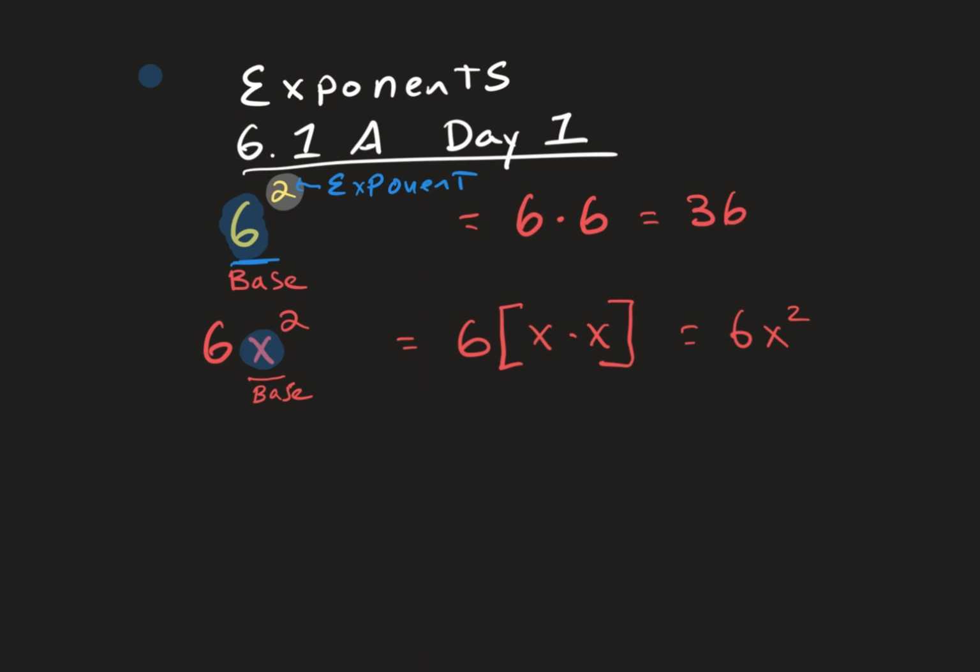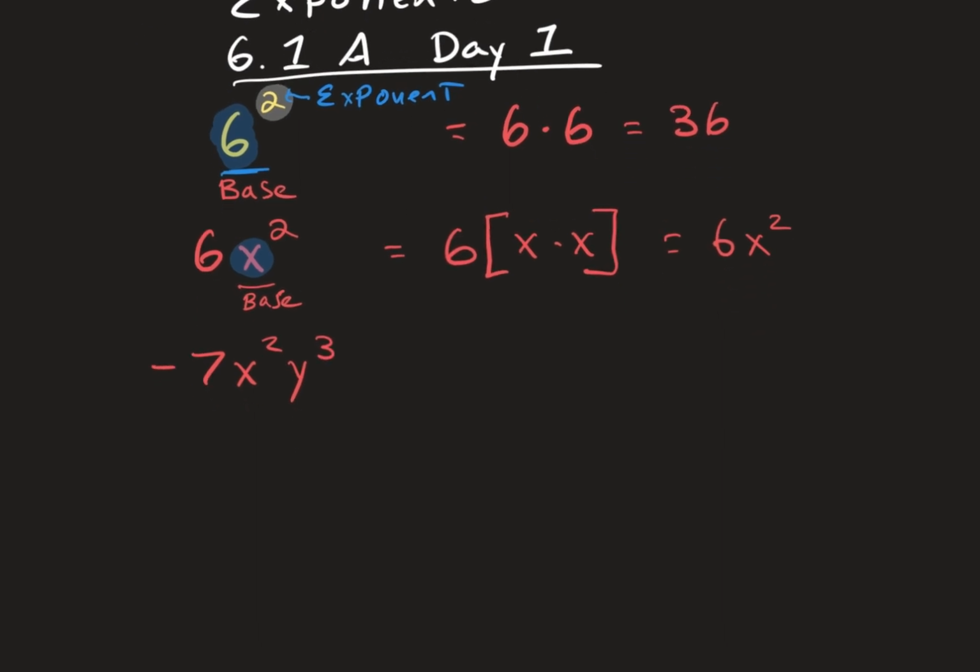So if I have something like negative 7x squared y to the third, we have a couple of different bases on this one because my x value is being squared. So the x is a base with the power of 2, and the y is a base with the power of 3.